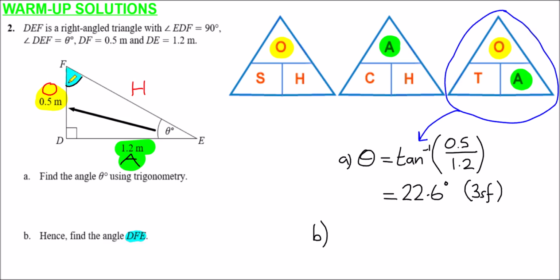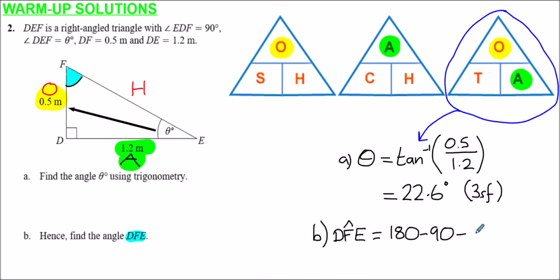And hopefully you'll remember that the angles in a triangle always add up to 180 degrees. So we can say here that DFE must therefore be 180 minus the other 2 angles, so minus 90 and minus the 22.6 whatever we just worked out.